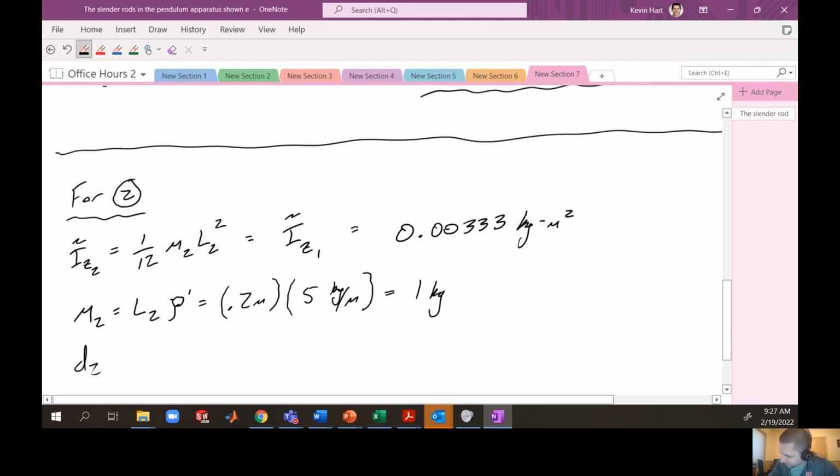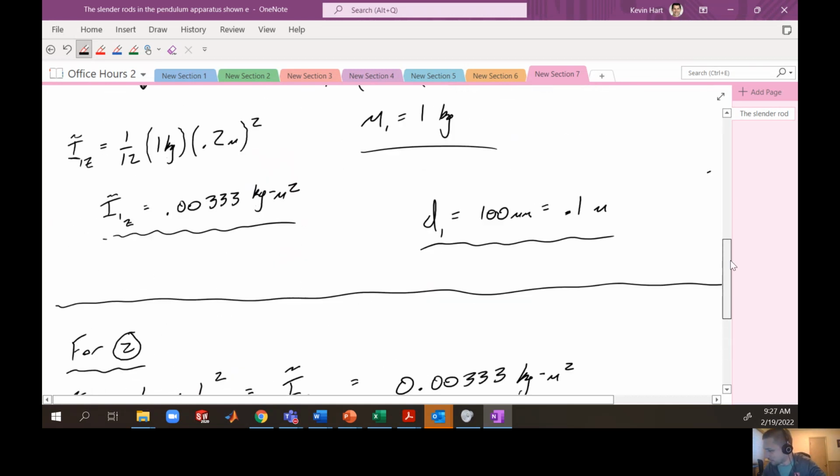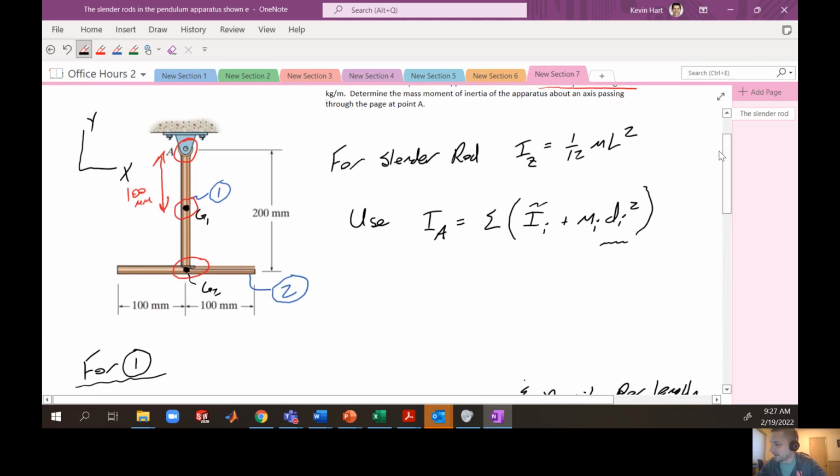And then we have to still define our D2, which is the distance between the centroidal axis of that lower object and the axis passing through point A. So again, there's an axis passing here through point G2.